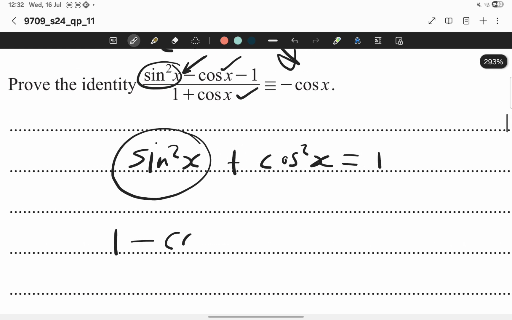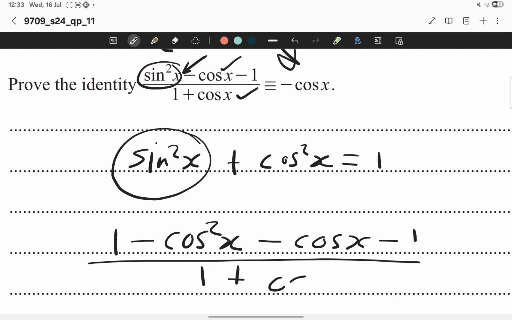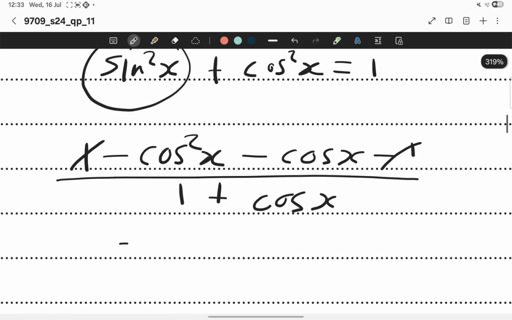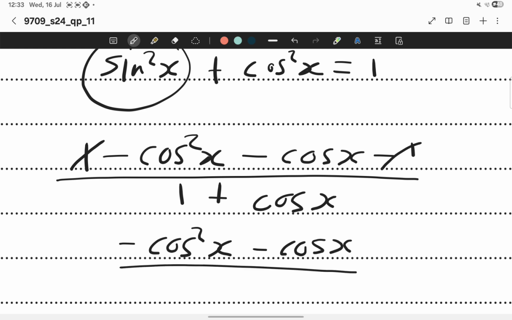So 1 minus cos squared x in place of sine squared x, minus cos x minus 1, over 1 plus cos x. So this 1 minus 1 will get 0.